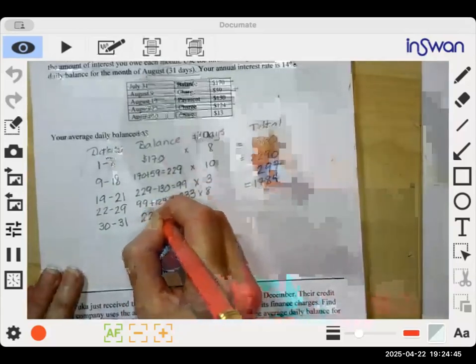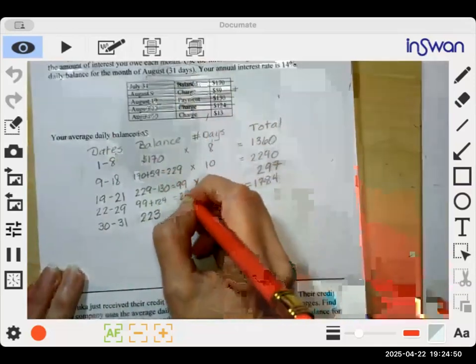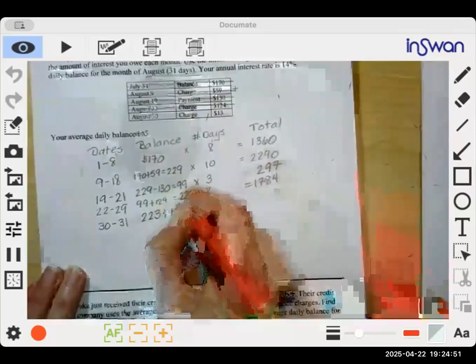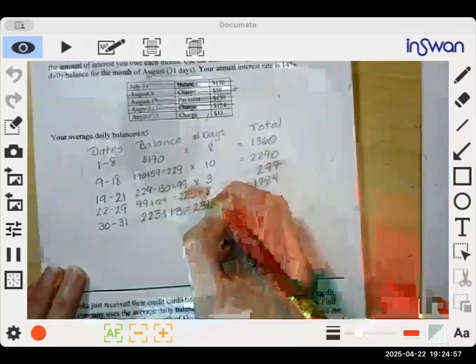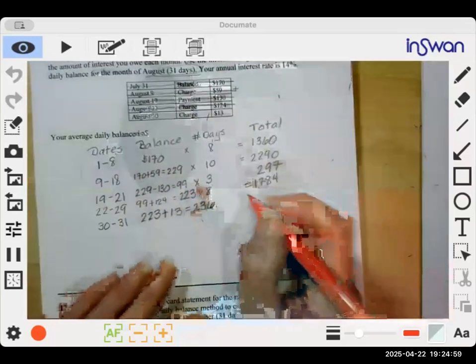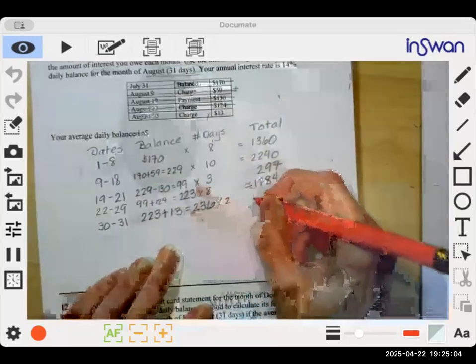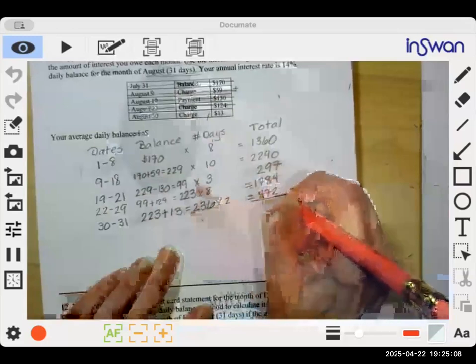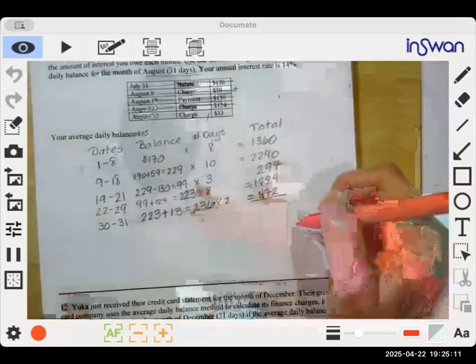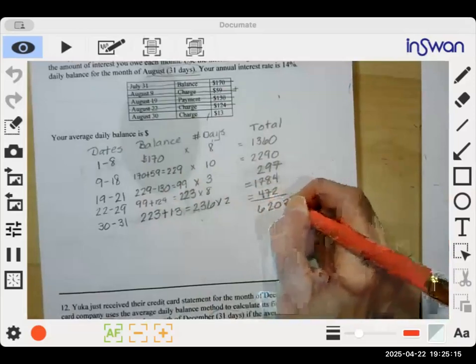Yep, plus 13, which is 236. And we're going to multiply this by 2. So 236 times 2 is 472. All right, then we add all these together and we get 6,203.